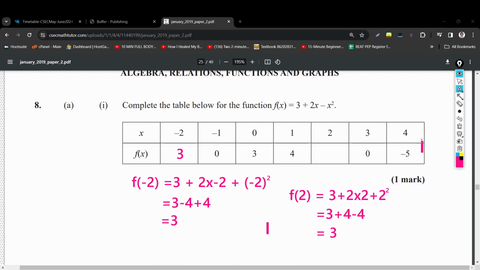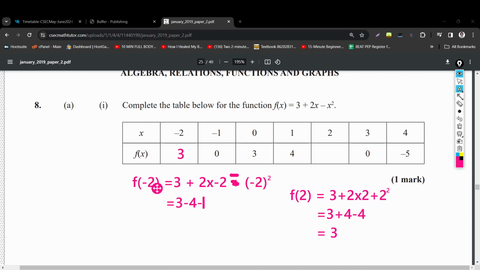All right, so let me fix the one on the left, guys. There's a minus right here in the center. So let me just fix that. There should be a minus. Sorry about that, guys. This should be equal to 3 minus 4.